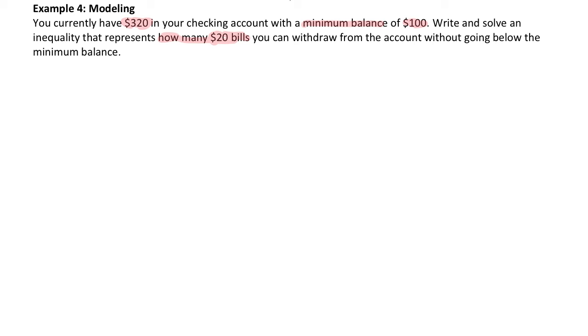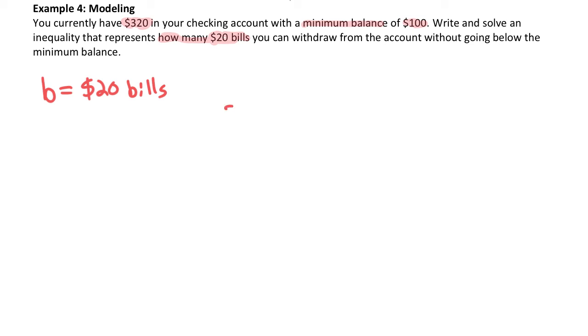Okay, so I'm going to define my variable as b for $20 bills. And I'm going to write some expression to represent the amount of money in my account and how that changes when I withdraw $20 bills. So I think about this, my account is going to be decreasing in value, so I'm going to have some sort of subtraction expression.